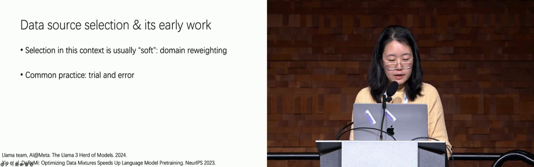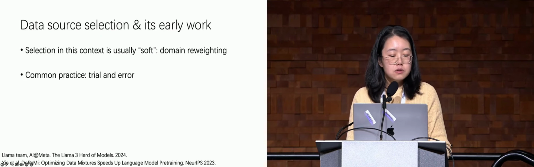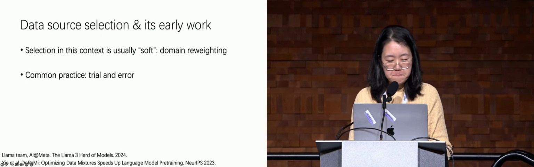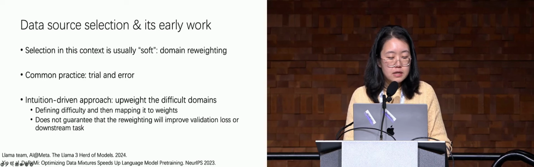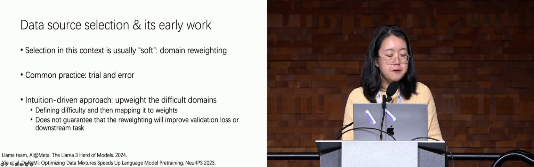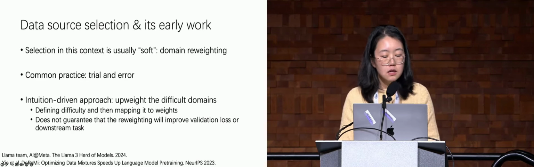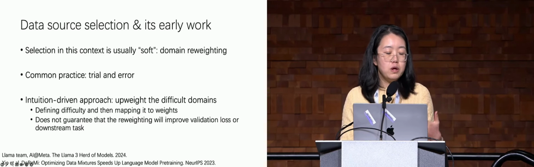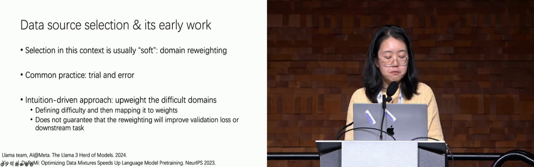Okay, let's dive right in. Data source selection. In this talk, I'm going to use source and domain interchangeably. Data source selection is usually soft in this context, meaning that we almost never completely discard a data corpus, because that means losing a lot of valuable information inside.